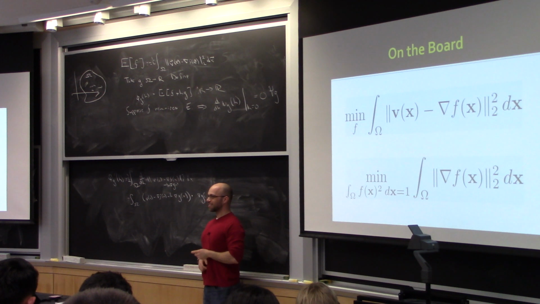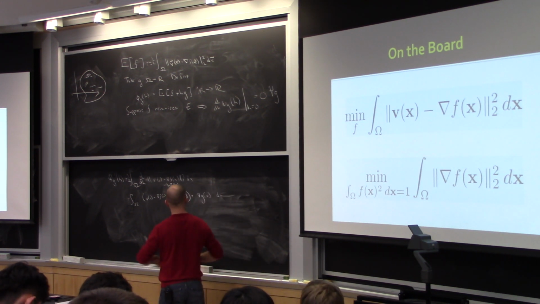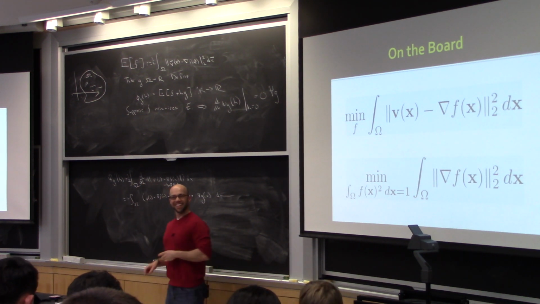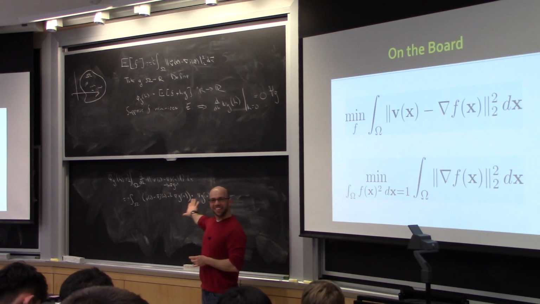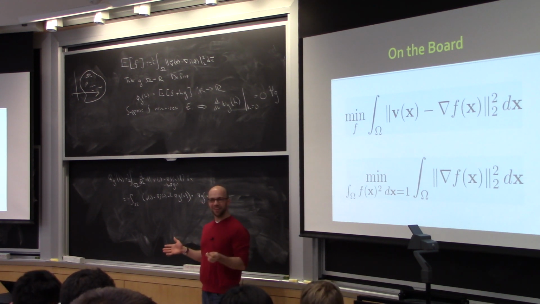Cool? Did I? Yeah, I did. Okay, thanks, Sebastian. Everybody agrees this is the derivative with respect to h? I haven't managed to lose you all yet, and I'm trying.